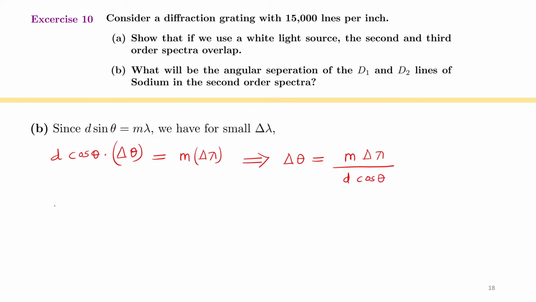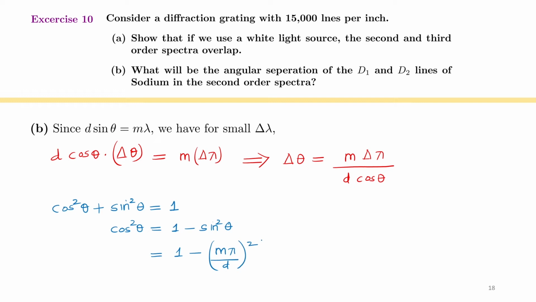To devise an expression for cos theta, let us consider the trigonometric equation cos square theta plus sin square theta equal to 1. From here, we get cos square theta equal to 1 minus sin square theta, and this is nothing but 1 minus m lambda over d the whole square.